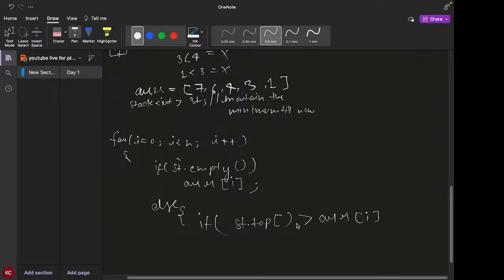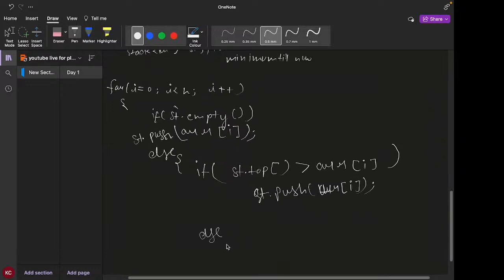Then we should simply push the current element on the stack, because we can't calculate the profit.